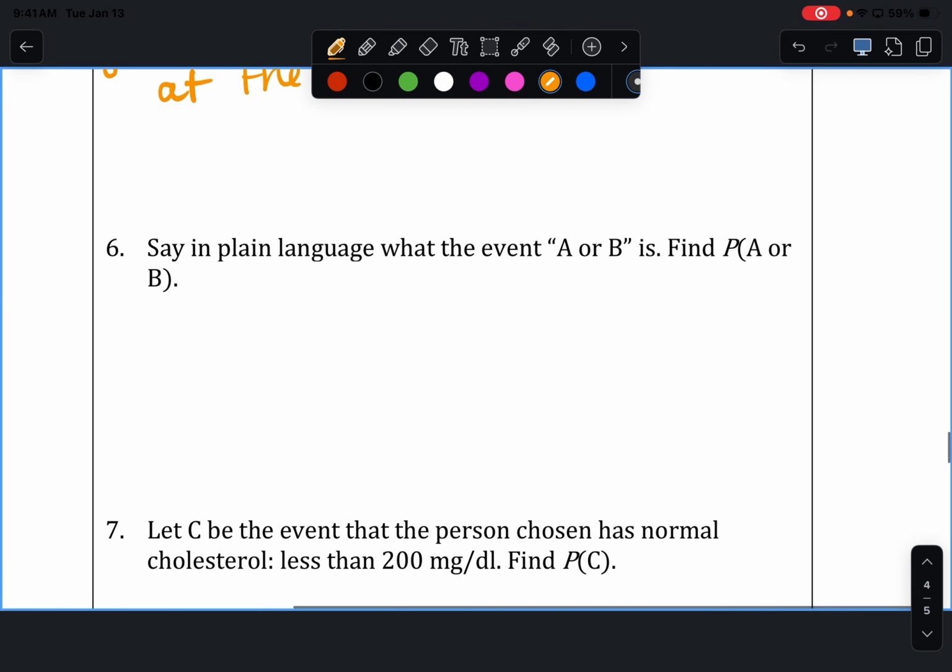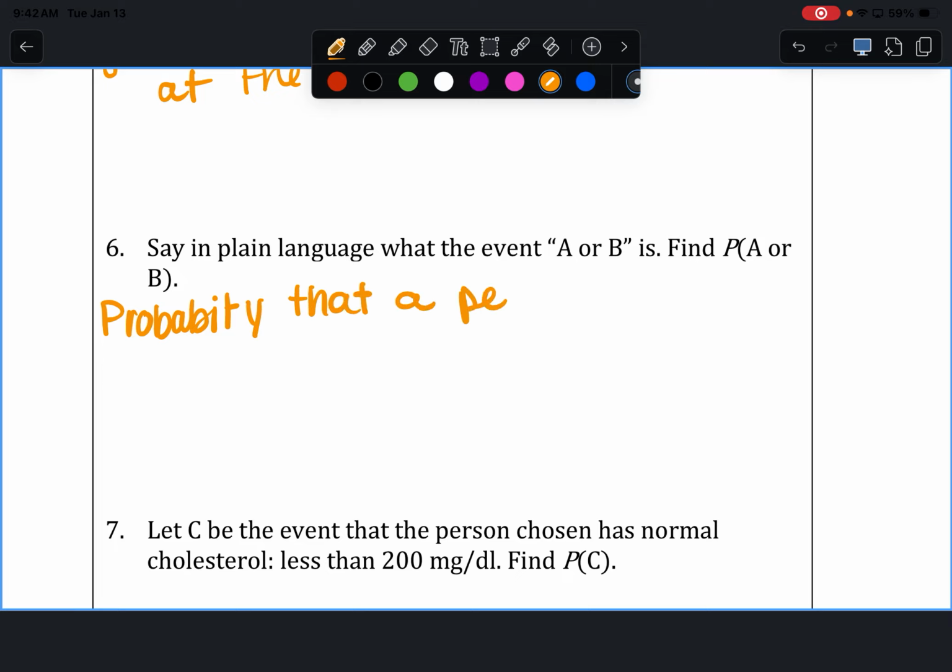So what this is asking is, what is the probability that a person has high or borderline high cholesterol?